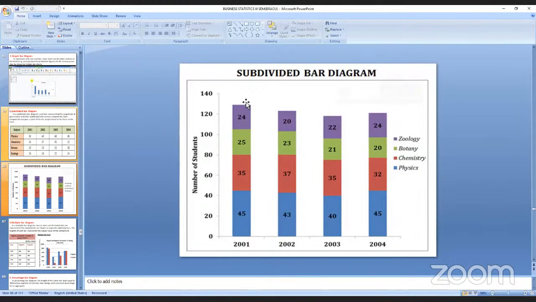This is a one-dimensional subdivided graph. Physics is 45, so from 0 to 45 draw. Next is 35, 65 plus 35 is 100. Is it clear?